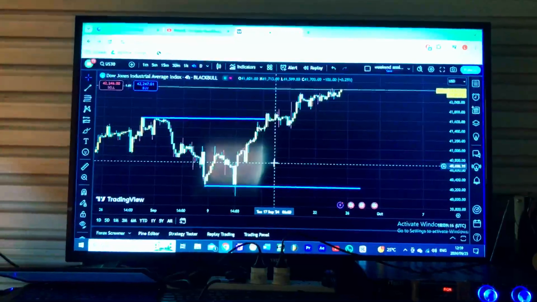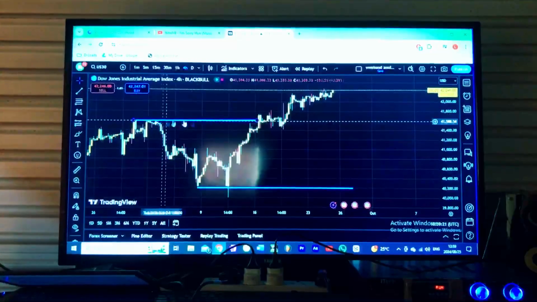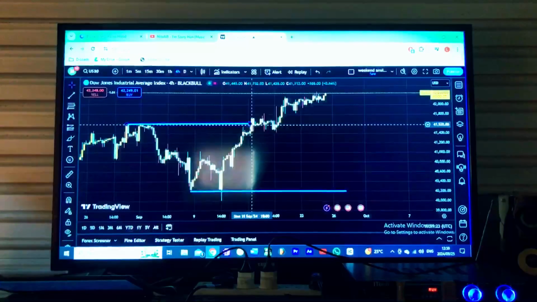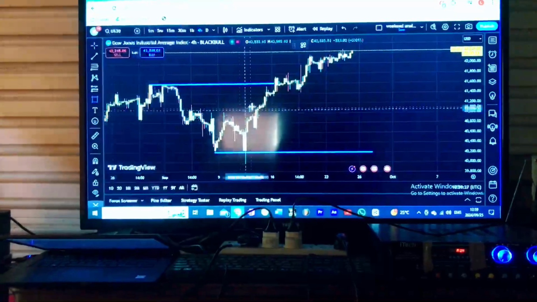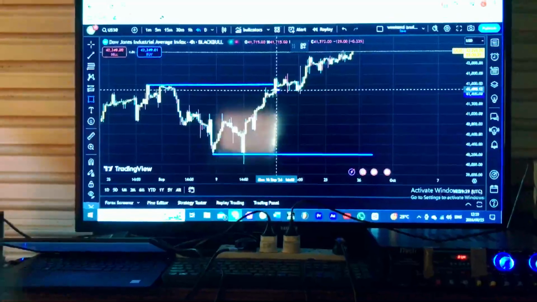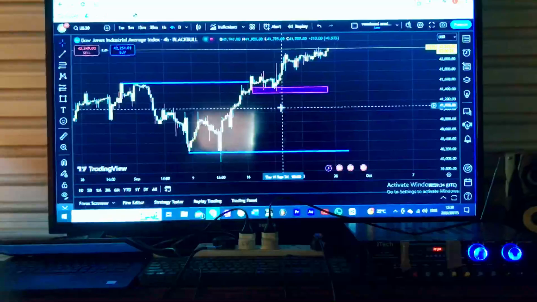But let me tell you something about the charts, guys. You see this swing high, and here is a break of structure. Every time a break of structure occurs on the market, price will always come back down to retest a certain point of interest or a certain low.